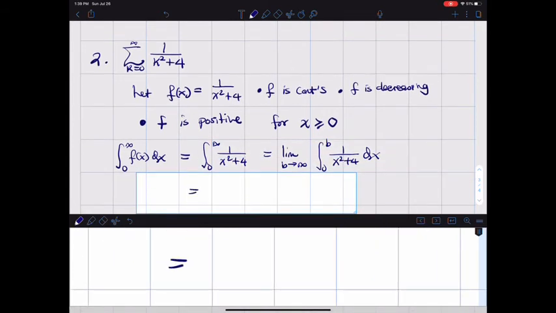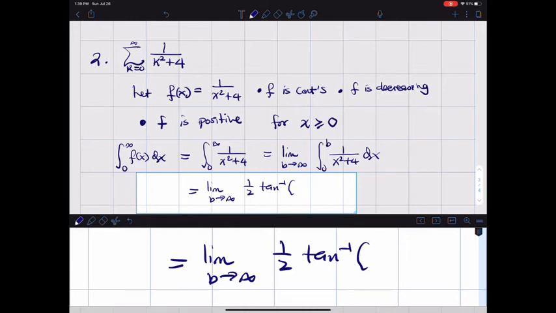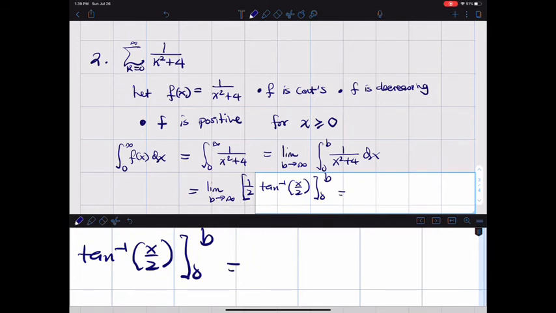It's actually 1/2 the inverse tangent of x over 2, and then you're plugging in 0 and b. We can factor out the 1/2, why not?